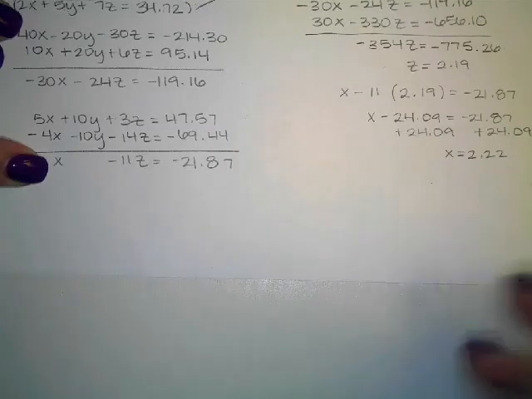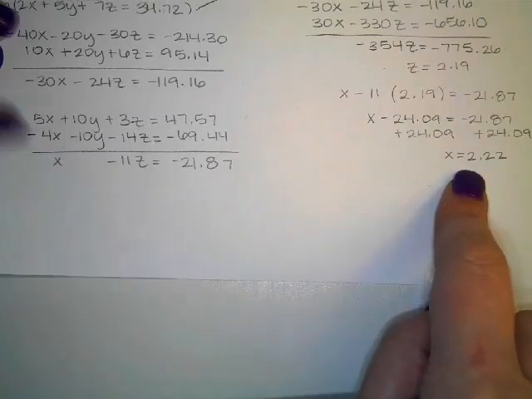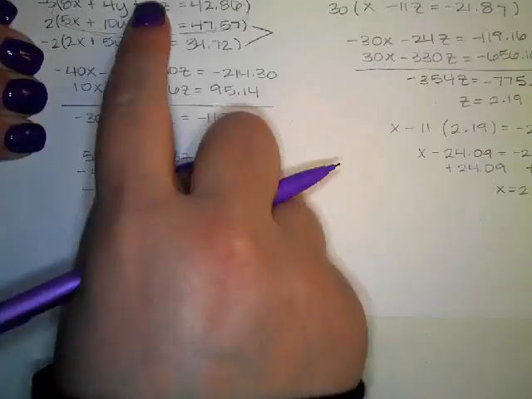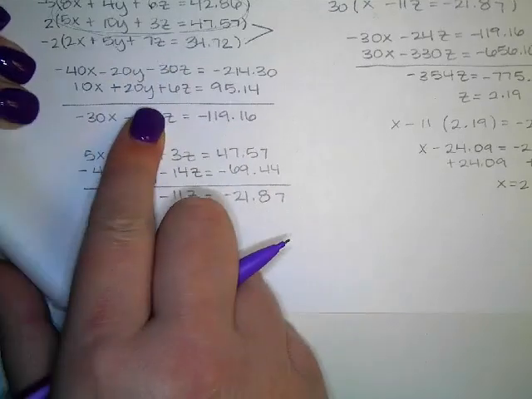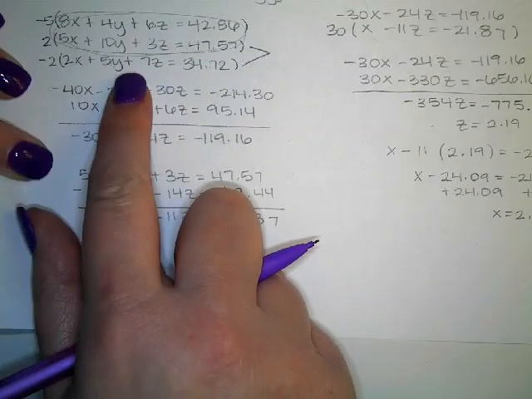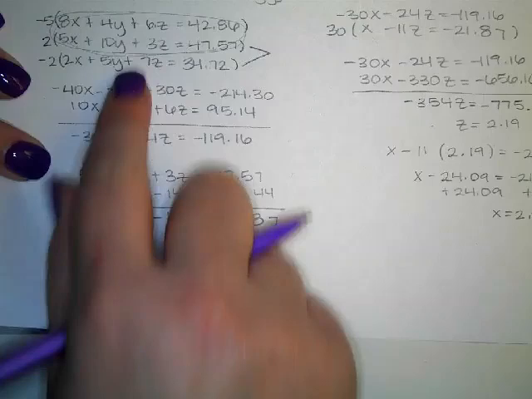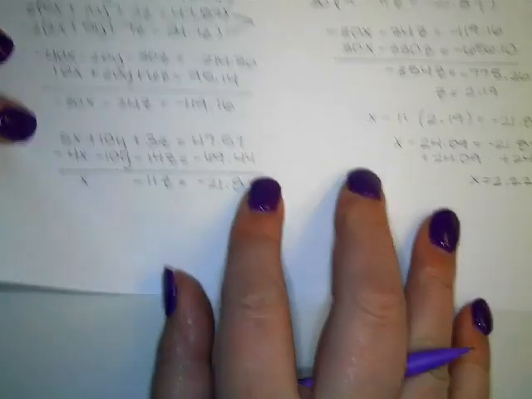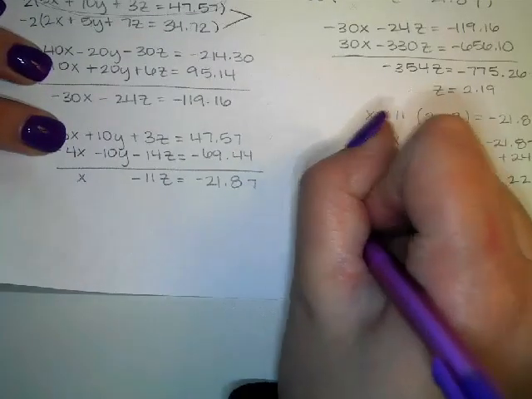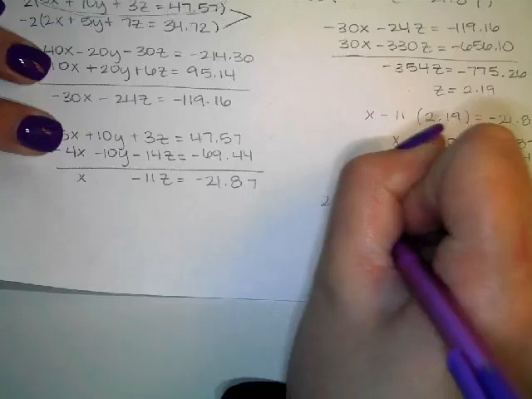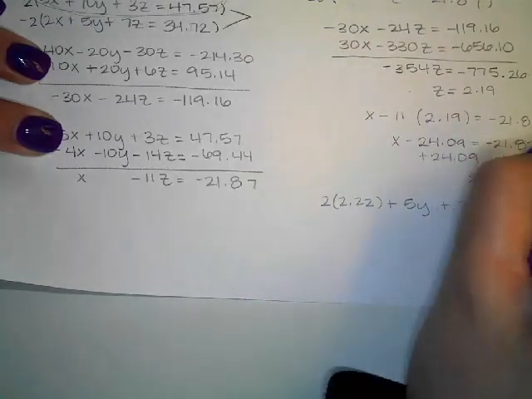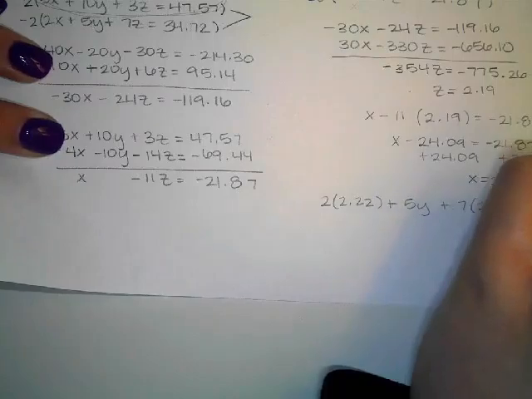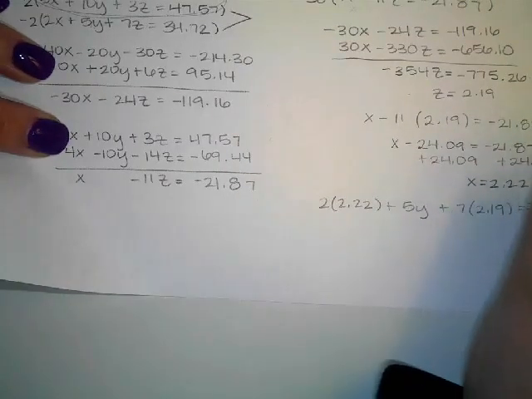So at this stage, I needed to go back to my original equations and choose one of them to plug x into and z into. And when I looked at this, none of the equations look great, but I decided to use the third one. So 2 times x plus 5y plus 7 times z is 34.72.